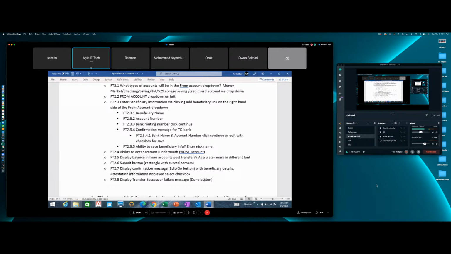The only doubt is with FT what? FT 2.5. Yes, very good. That's the only ambiguity. There is no other ambiguity. So you come back with any other ambiguity, I'm going to clear that really fast.